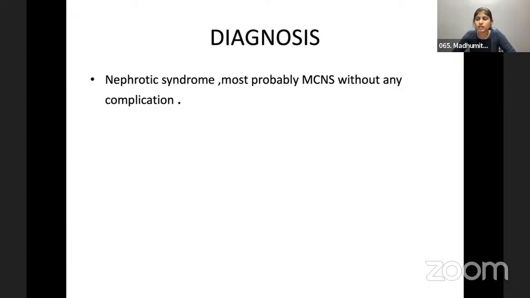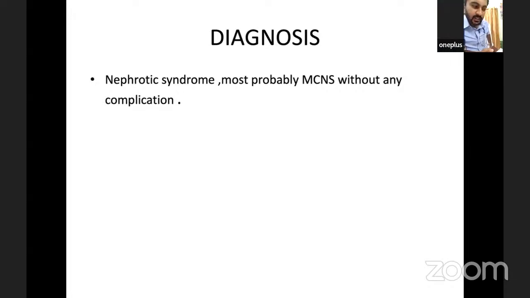Increase in protein intake must be done. So how much protein intake will you tell? Tell me how much protein the child may take. 1 gram per kg per day is the ideal, that is a very normal recommendation.